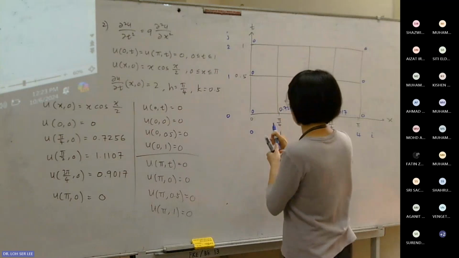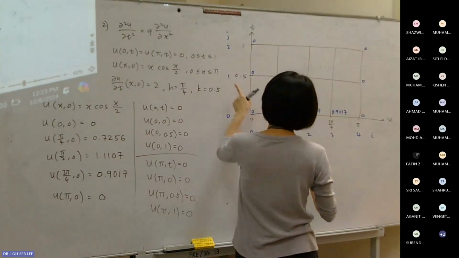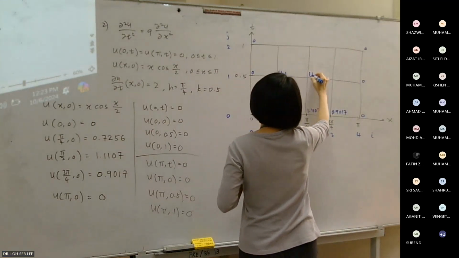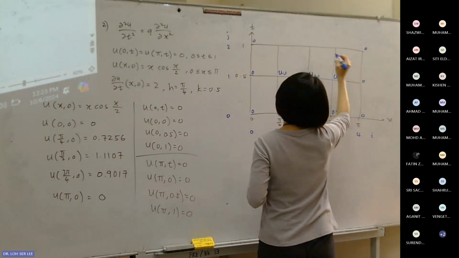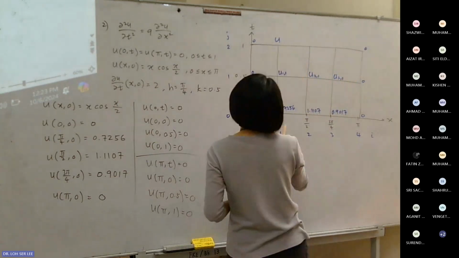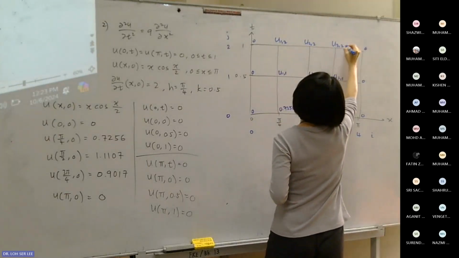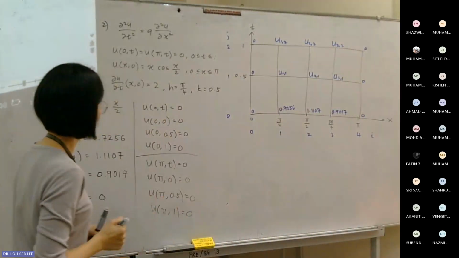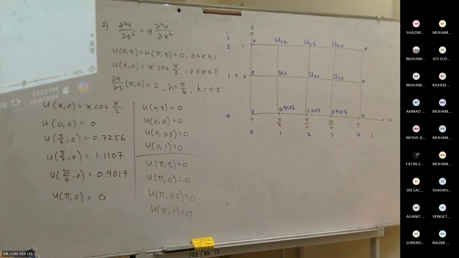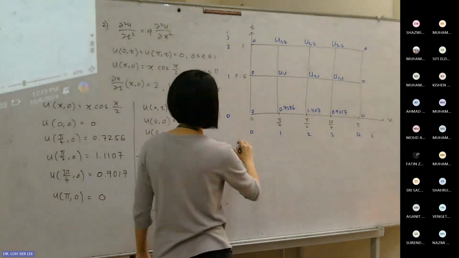Then label the interior points. 1, 1, 2, 1, 3, 1. 1, 2, 2, 2, 3, 2. Okay. Then you can start to form your formula, the first formula.